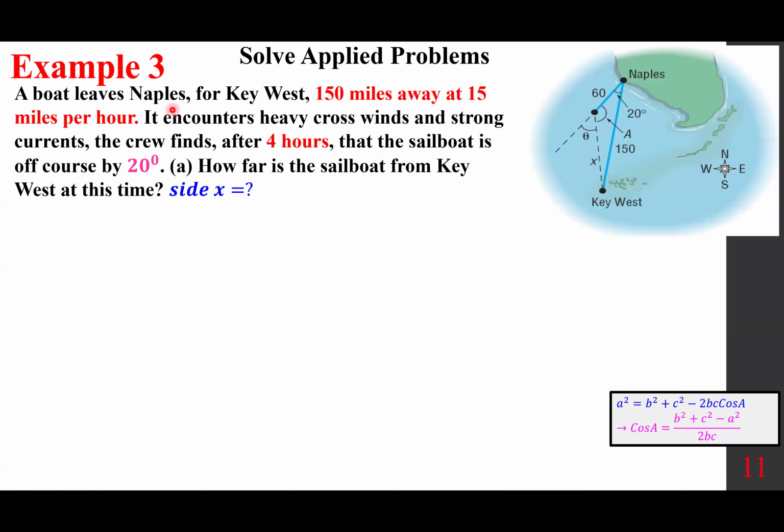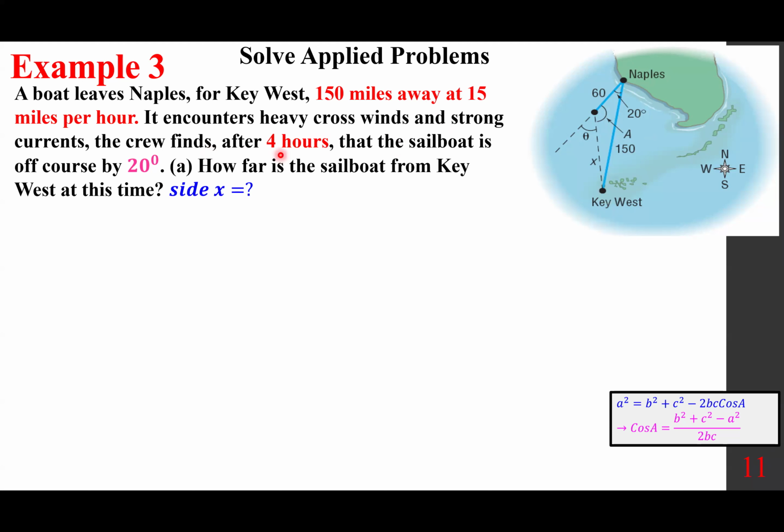A boat leaves Naples for Key West, 150 miles away at 15 miles per hour. So we are going from here to here, 150 miles, and we are doing 15 miles per hour. It encounters heavy crosswinds and strong current.